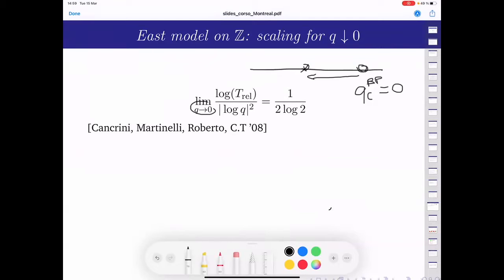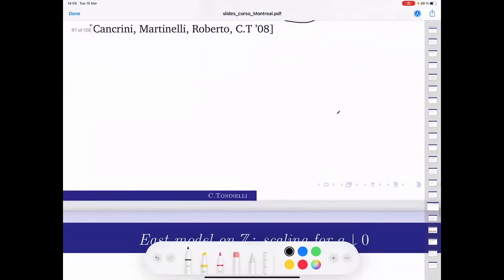The answer, which I gave you already yesterday in terms of the mean infection time, but we saw that the two quantities are essentially the same up to Q square factors, is that the inverse of the spectral gap scales as exponential of log Q squared times a constant, which can also be precisely determined.